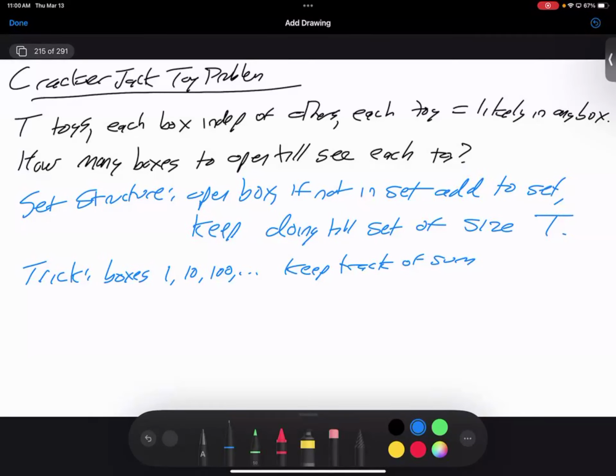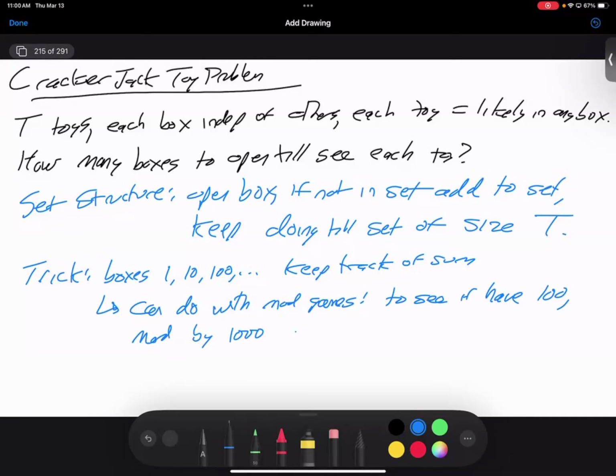You would have to mod by 1,000 and then see if it's at least 100. So there are ways to do it like that.